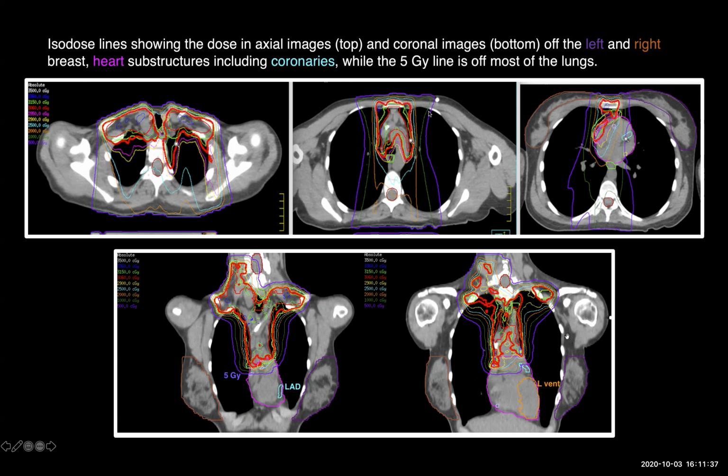But as you can see here, the lung is off of the V5 in the majority of it. The LAD is off of the V5 too. Same thing with the left ventricle, it is completely off the dose. And as you can see here, because we did not use any lateral beams, the breasts are off even the lower dose.